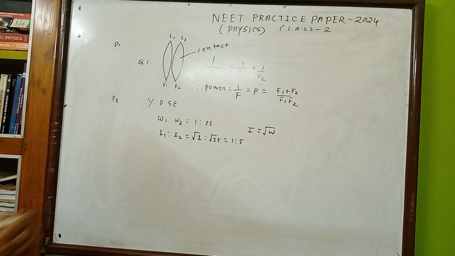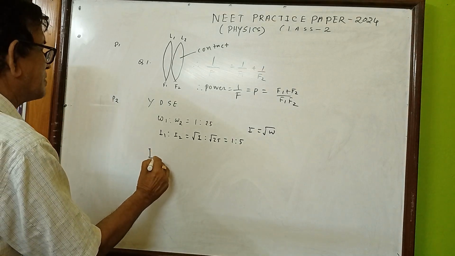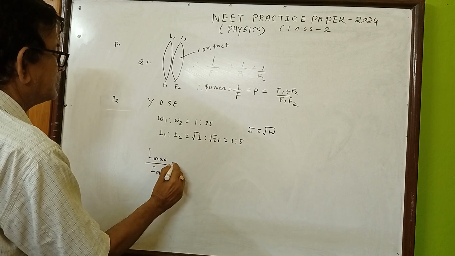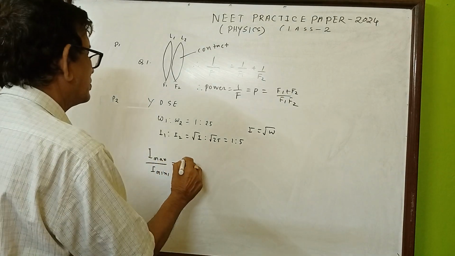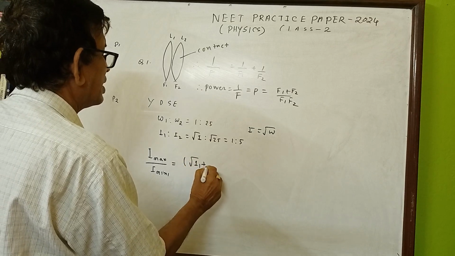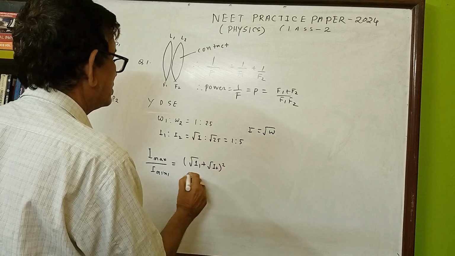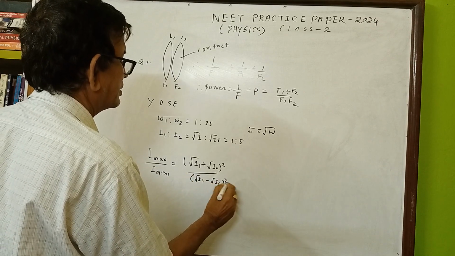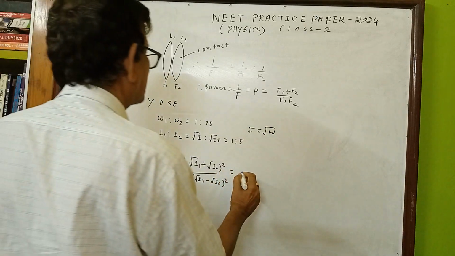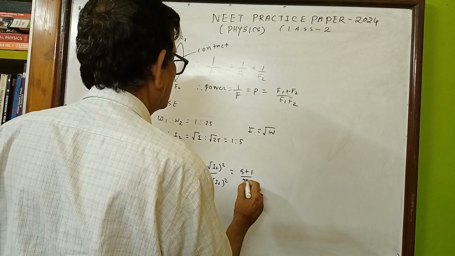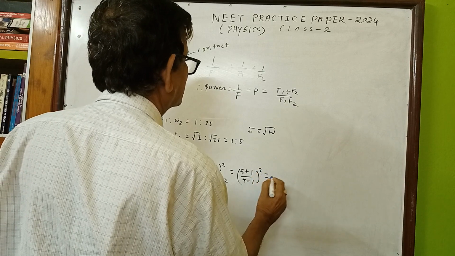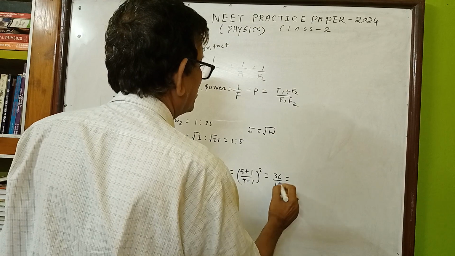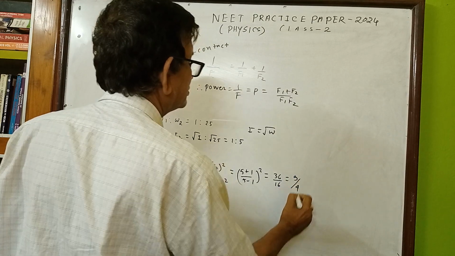Now they are asking the value of I max by I minimum. You know I max is (root I1 plus root I2) whole square, and I minimum is (root I1 minus root I2) whole square. Put in the values: (5 plus 1) whole square by (5 minus 1) whole square, so the ratio is 36 by 16, that is 9 by 4.